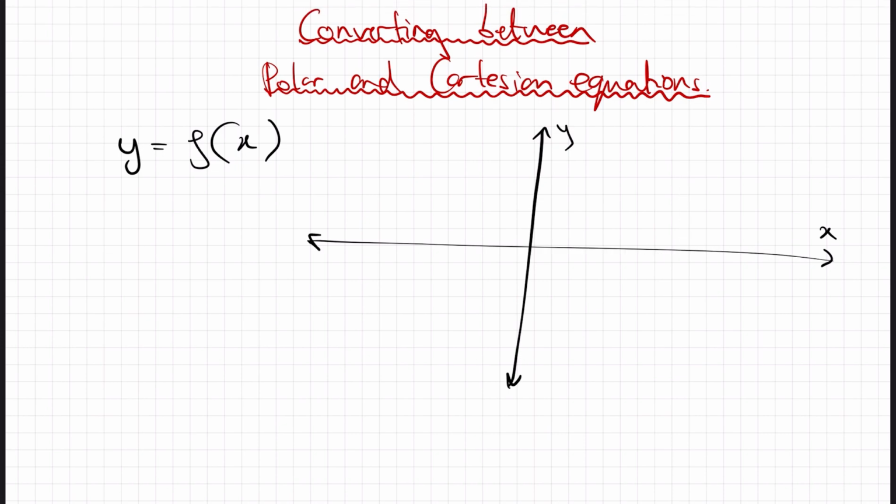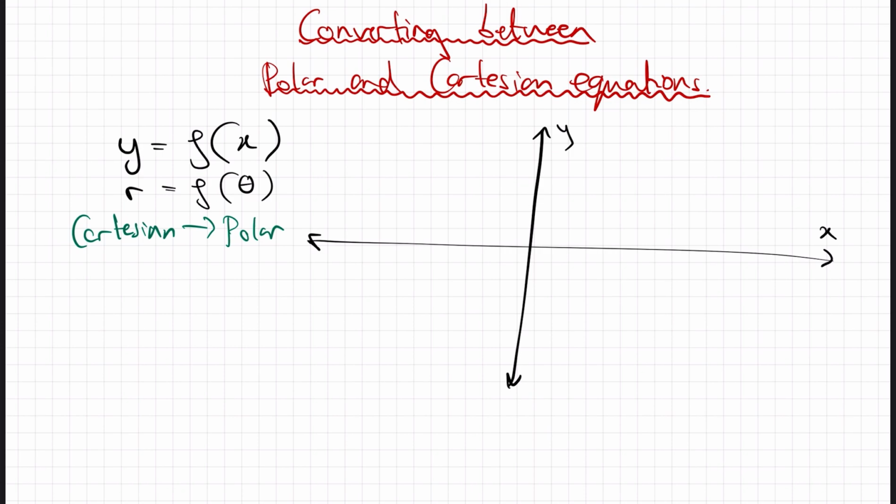Let's say we wanted to convert a Cartesian equation into a polar equation. A polar equation is going to look something like radius equals f of theta.